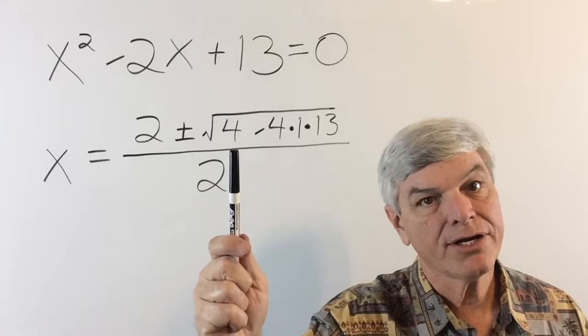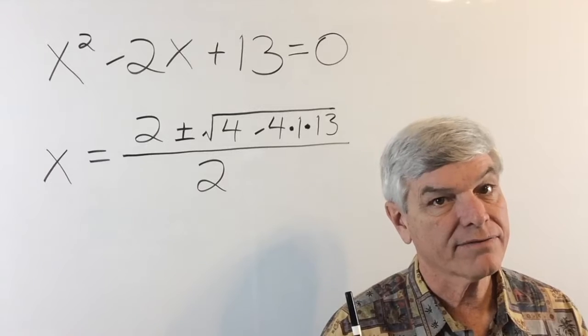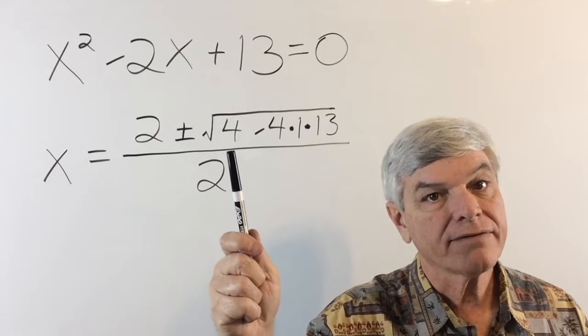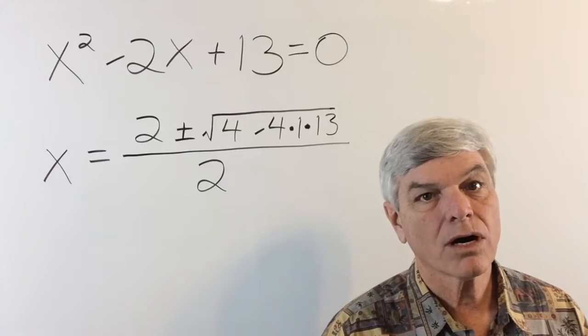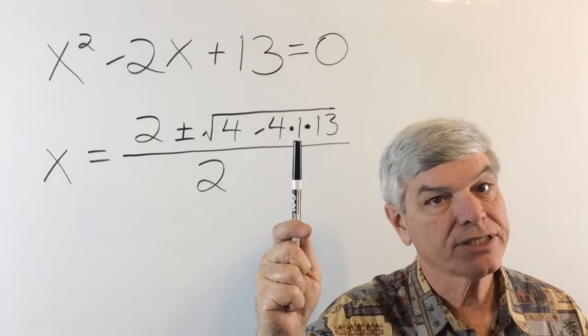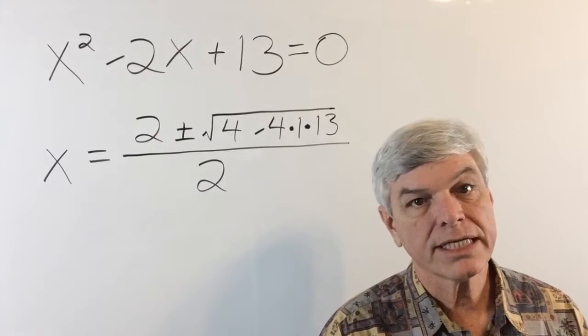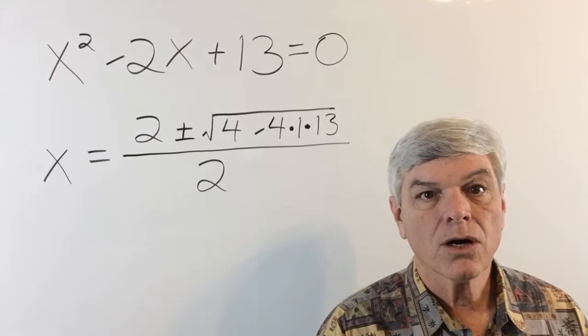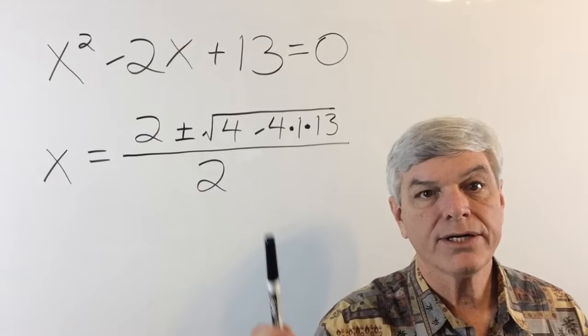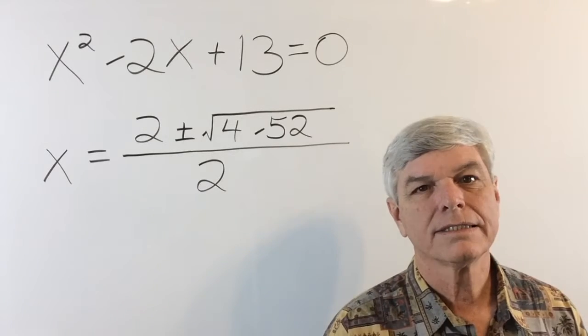This is negative 2 squared, which is we're squaring the 2 and the negative. Don't forget that. So negative 2 squared is positive 4. Minus 4 times the coefficient of x squared is 1. And c equals 13. And so the first thing we're going to do is multiply 4 times 1 times 13.